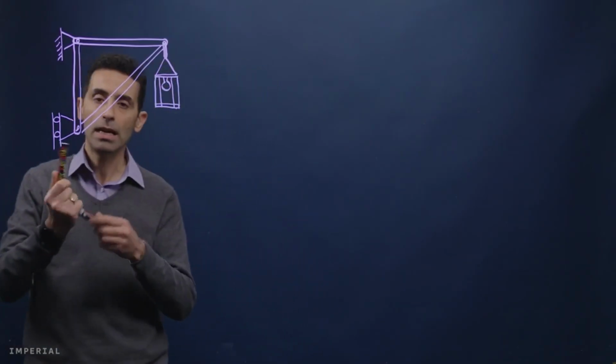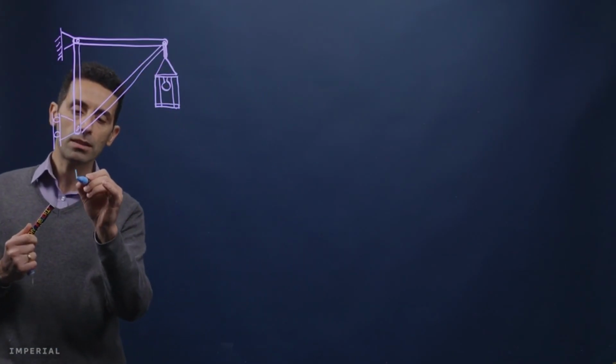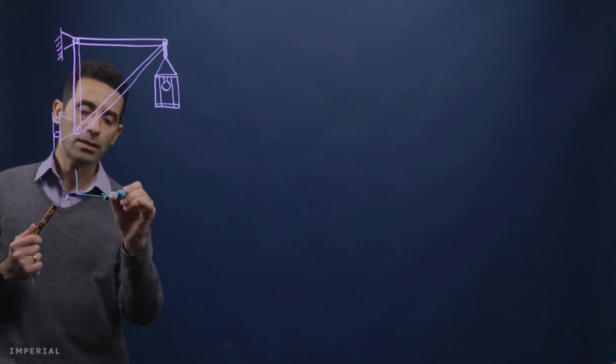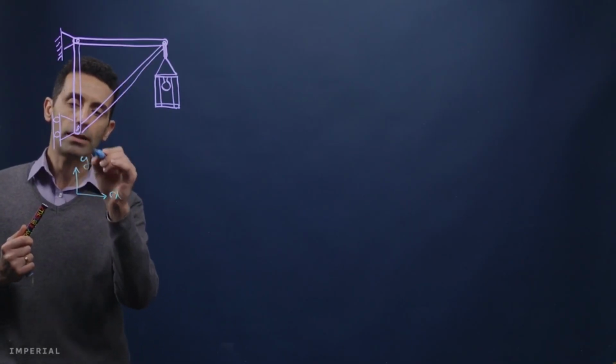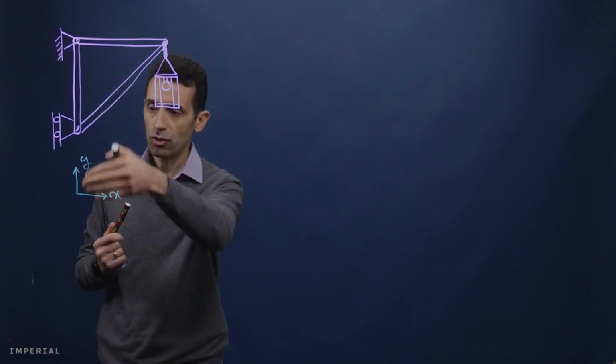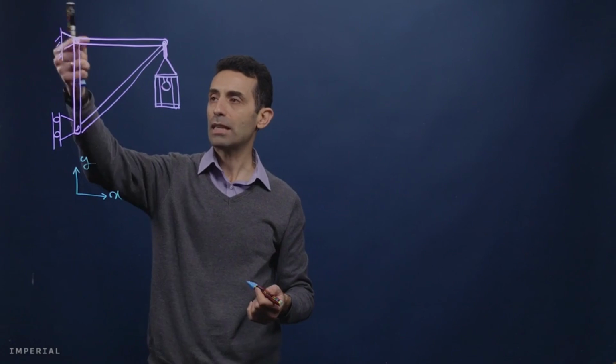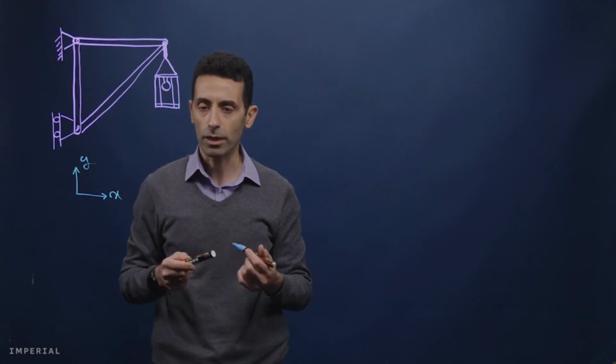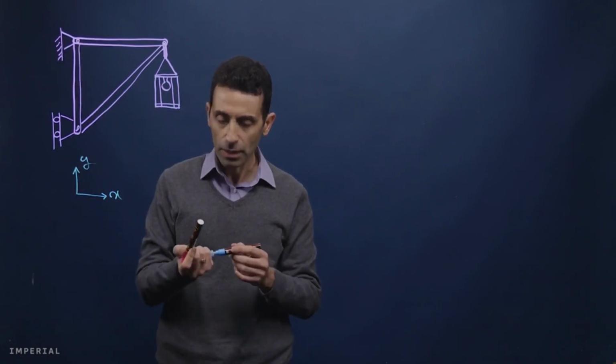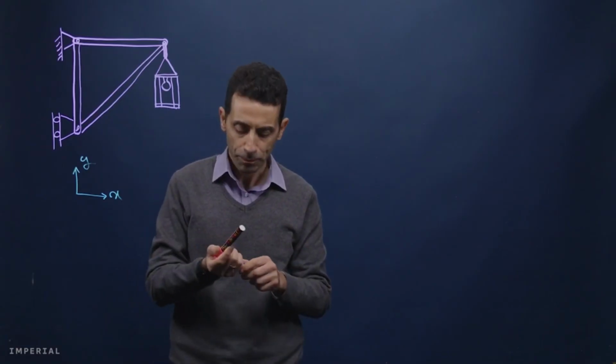Let's use our usual coordinate system, X and Y. At this joint, it can move in the Y direction, but not in the X direction. Here it cannot move in the Y or X direction. And then we have a lantern here that has, let's say, mass M.